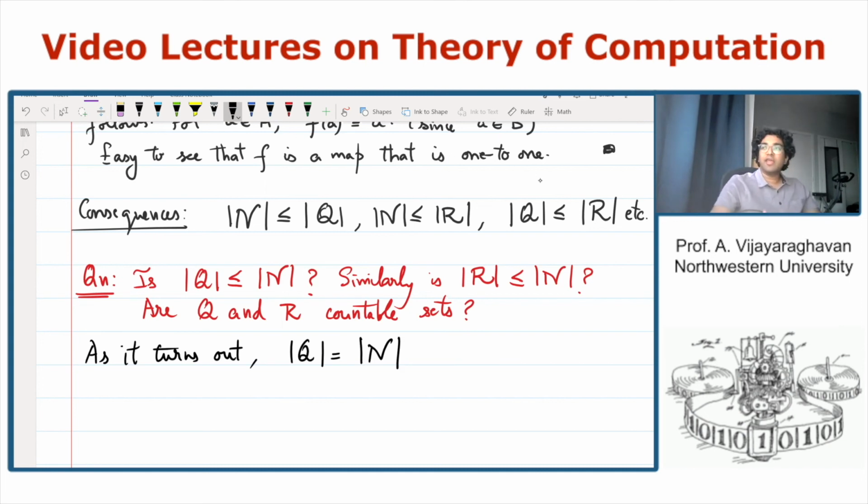Not only is it easy to show that the cardinality of natural numbers is at most the cardinality of rational numbers, but you can also show that the cardinality of rational numbers is at most the cardinality of natural numbers. And you do this by showing a one-to-one map from rational numbers to natural numbers. So rational numbers is a countable set.